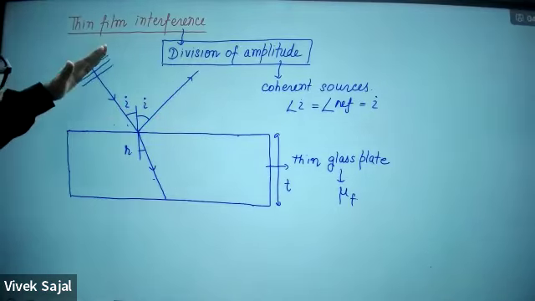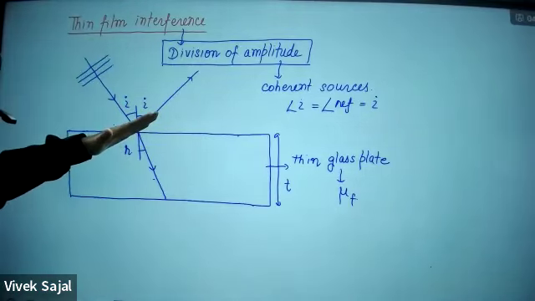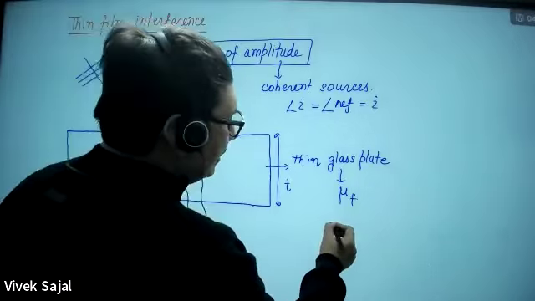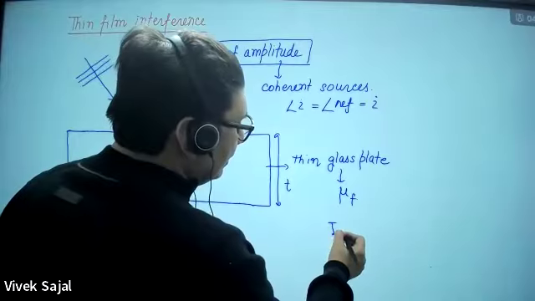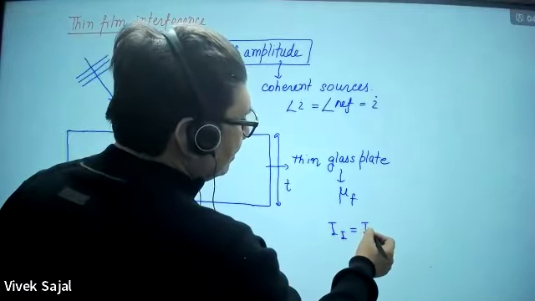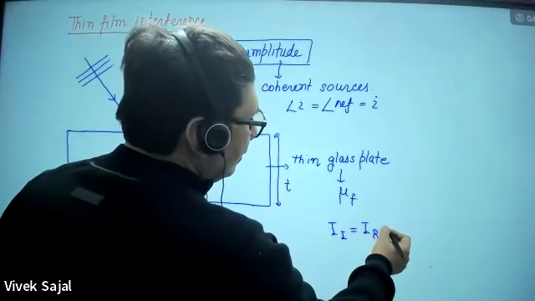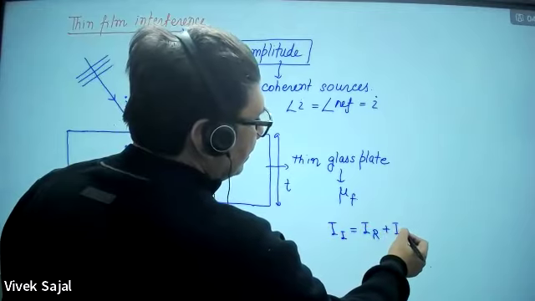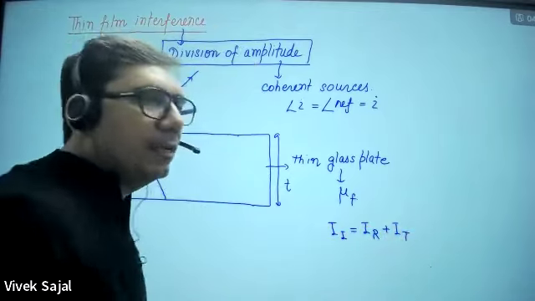So whatever intensity is incident, if incident intensity is I, then a part of this intensity will be reflected, so this will be IR, plus a part of this intensity is transmitted into the glass.